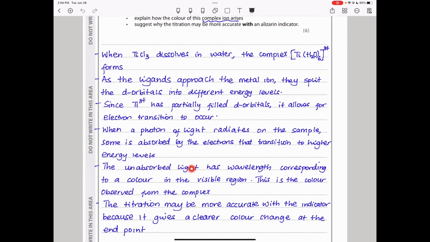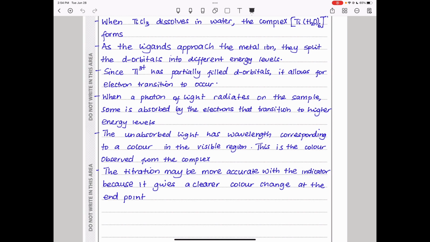Then the unabsorbed light has a wavelength corresponding to a specific color. Remember, the color of the complex you see is due to the unabsorbed light, or somebody can say, transmitted light. So the unabsorbed light has a wavelength corresponding to a color in the visible region. This is the color observed from the complex.